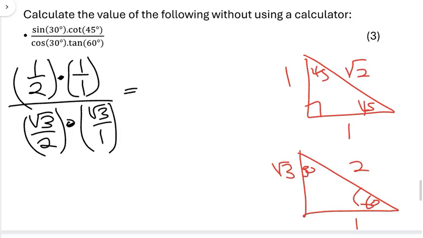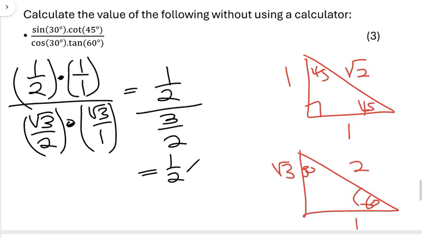So the answer here, we have 1 over 2 in the numerator over 3 over 2, which is the same thing as 1 over 2 times 2 over 3, which becomes 1 over 3.